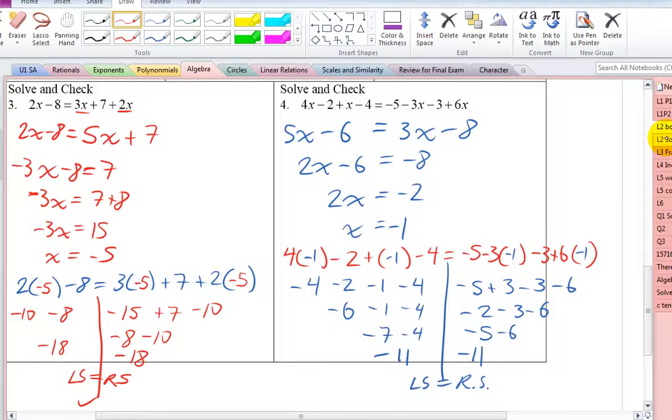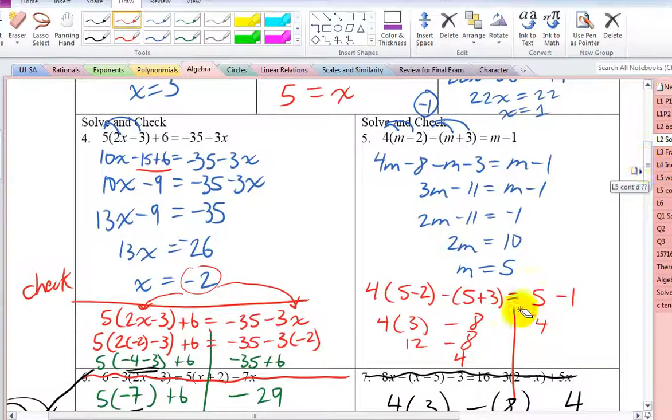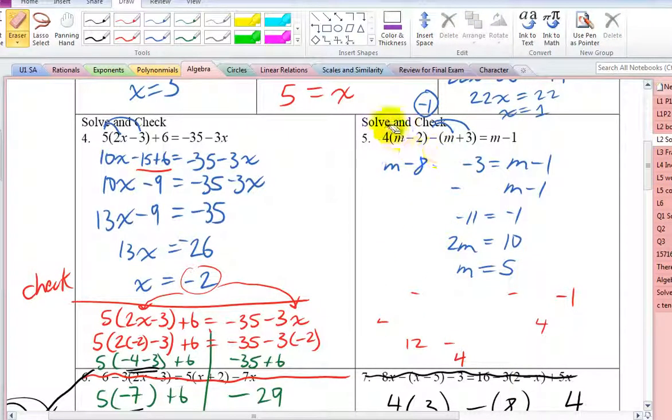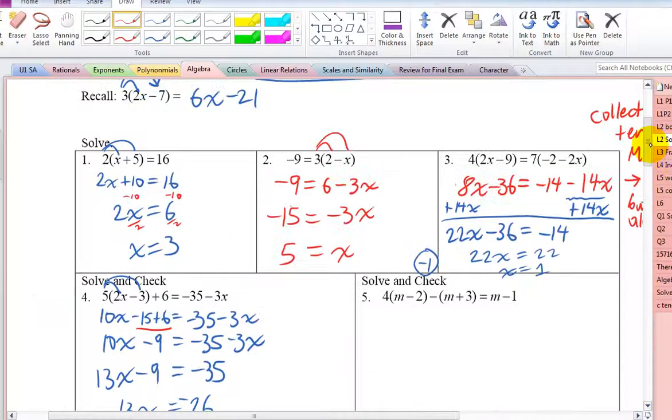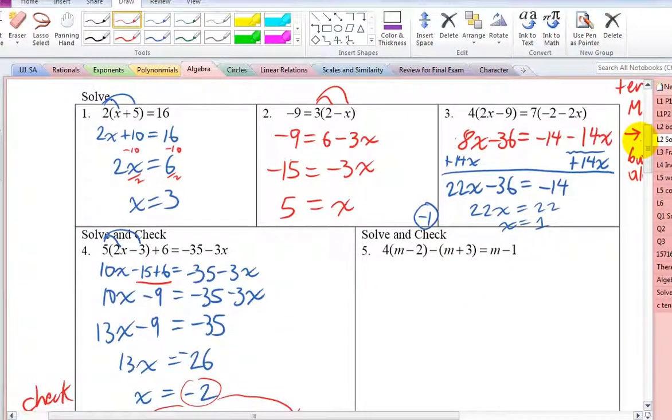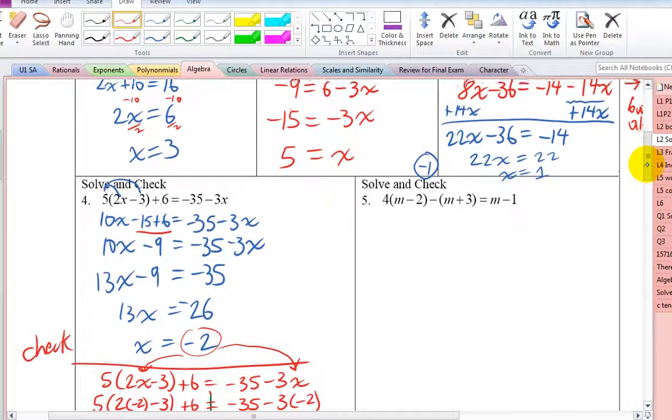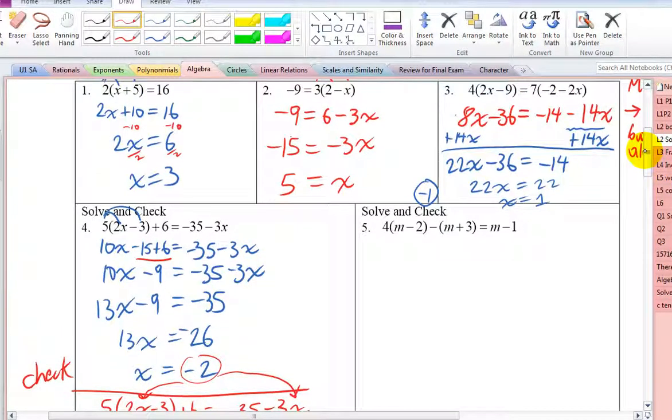Okay, turn over. We're just going to do question 5. That's it? Question 5? Yep. So, this is going to be using your algebra skills, using the distribution property that you have to multiply in.